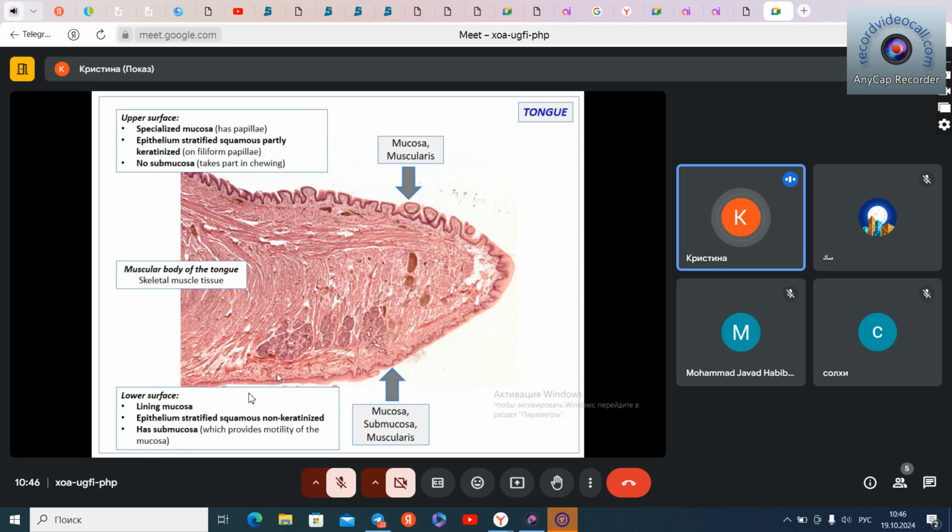It starts to be present only in the esophagus and further in the stomach and intestines. Mucosa here on the lower surface of the tongue is of lining type because it contains no papillae, and the epithelium here is stratified squamous non-keratinized.